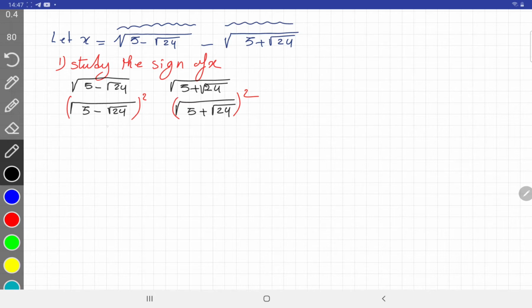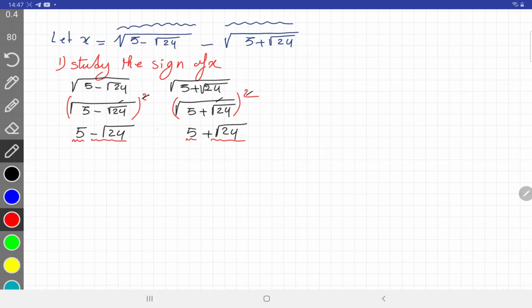The square is above the radical, so we make a simplification: 5 plus radical 24. We know that here we subtract radical 24, and here we add radical 24.